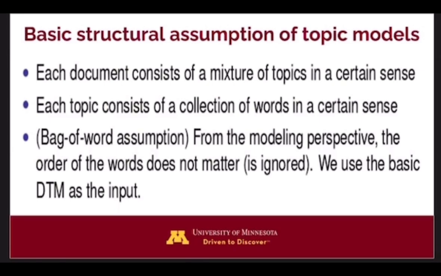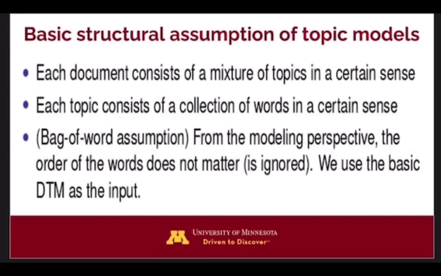And I said each topic consists of a collection of words. This is an assumption. Of course, what we want to do in topic models is, why do we call it a topic model? A model that will reveal the topics. And the only thing we've done is to look at words.